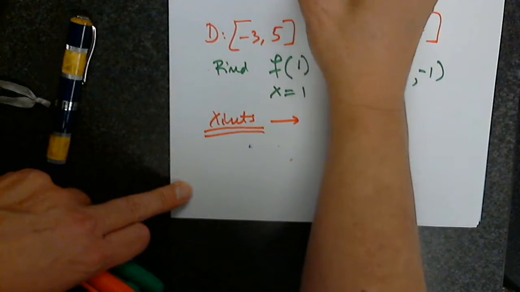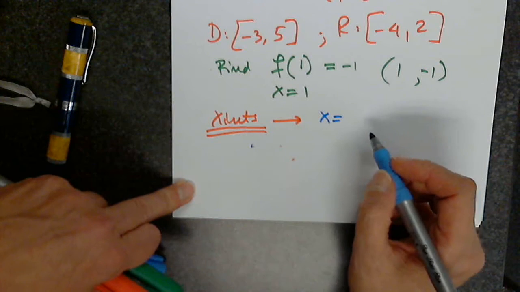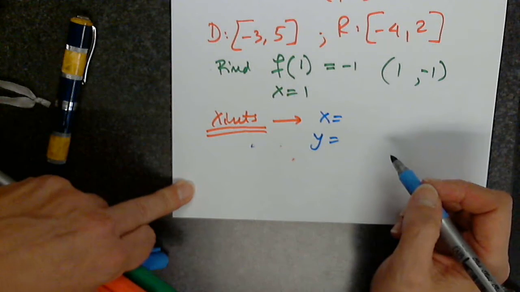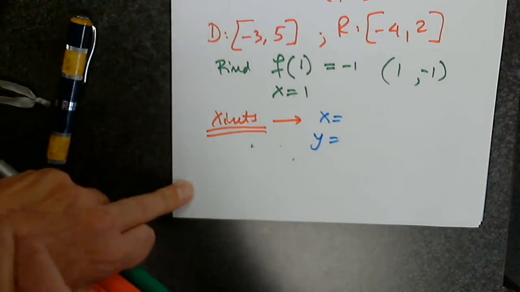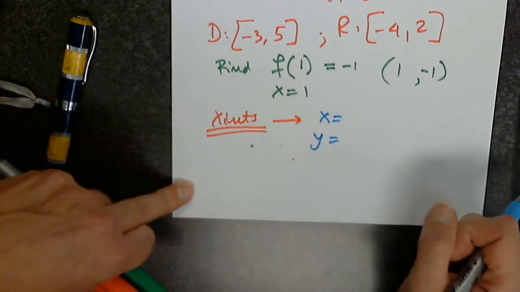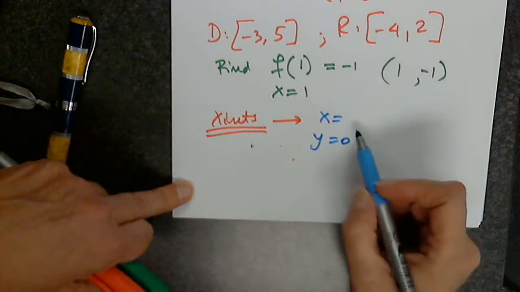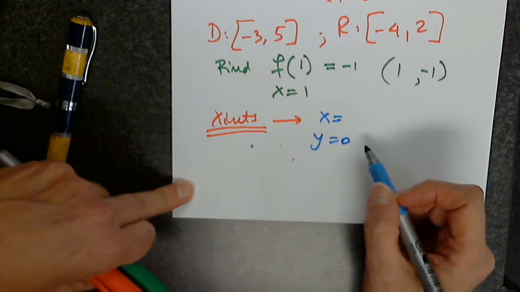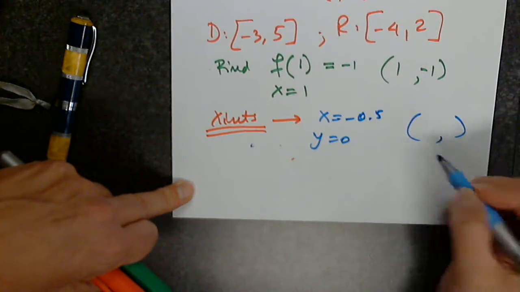So the x-intercept is right here when x is and y is. It's a negative side, so it cannot be. So, oh, y is 0. Yes, I thought you were talking about x. I'm sorry. Yes. And x is? Very good. So then the ordered pair is?